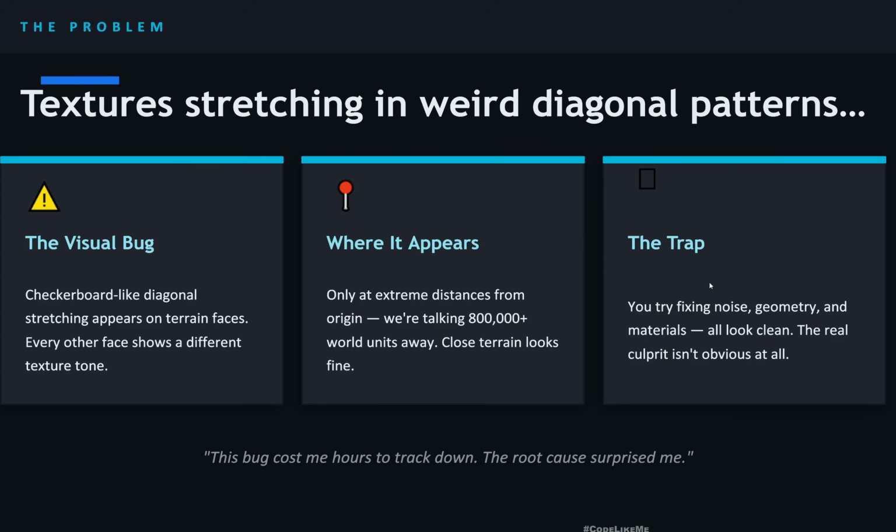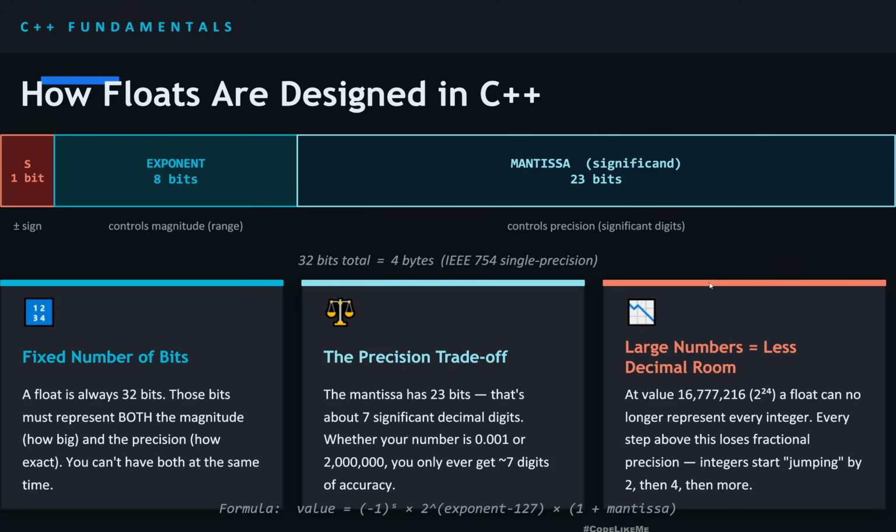So that's the issue, and this is the theory. We are using floats for our calculations, and in C++, floating point numbers are represented like this. It has 32 bits in total: 1 bit is used for the sign, plus or minus, 8 bits are for the exponent, which controls the magnitude, and the mantissa, or the significand part, is 23 bits, used to control the precision.